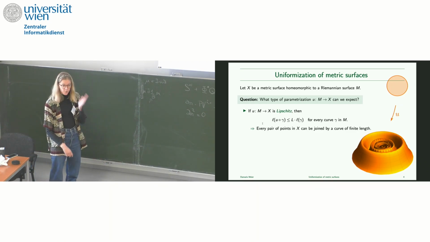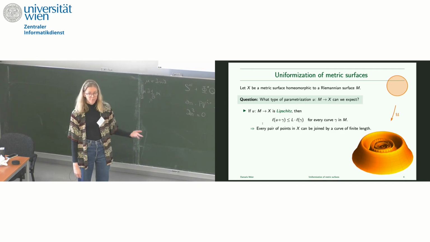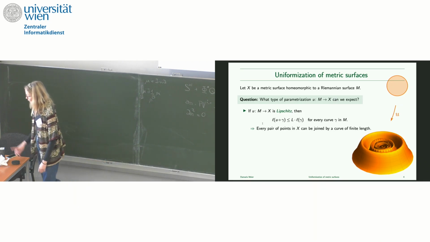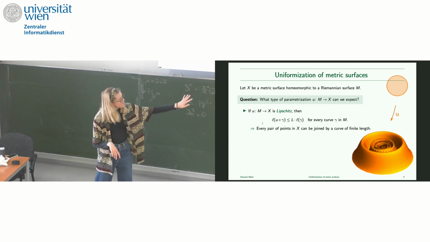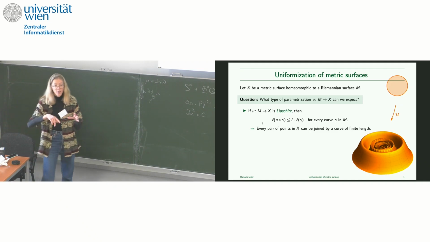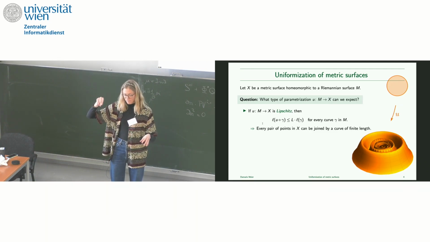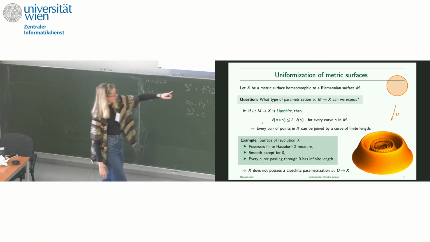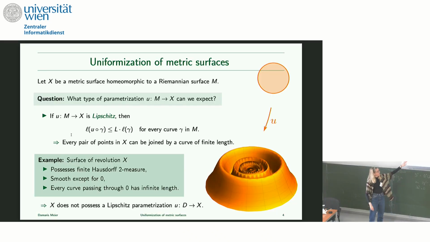And this means that every pair of points can be joined by a curve of finite length if we have a Lipschitz parametrization. Now, I've drawn a little picture here. It's not as nice as I expected, but what you can think of it is you take a curve which oscillates around 0, and you scale it a little bit such that this surface here, so the surface of revolution, satisfies these properties.